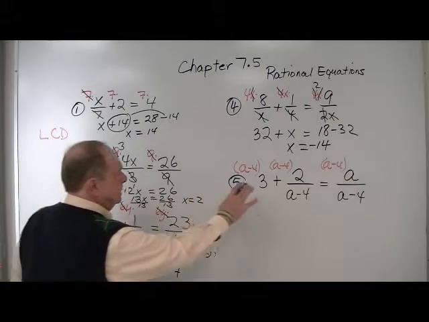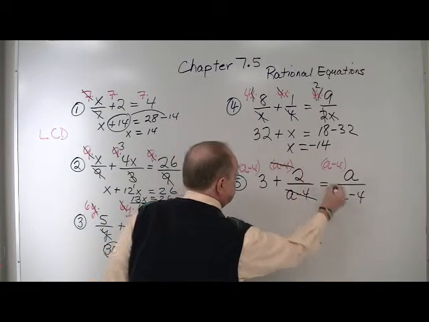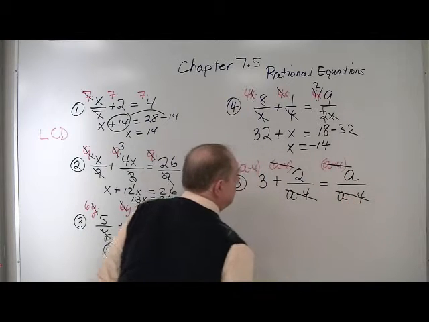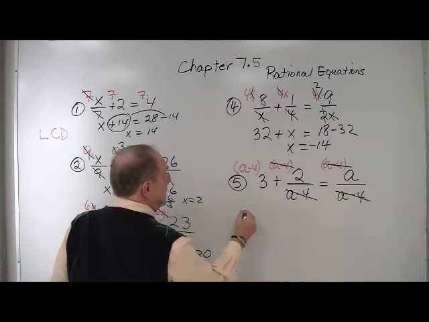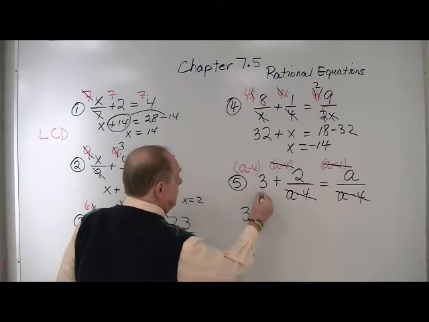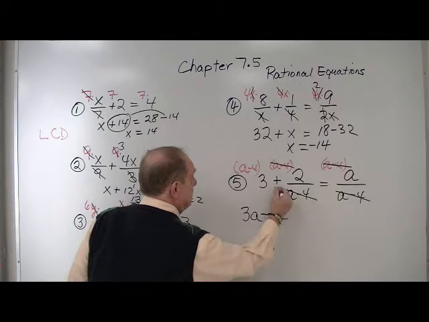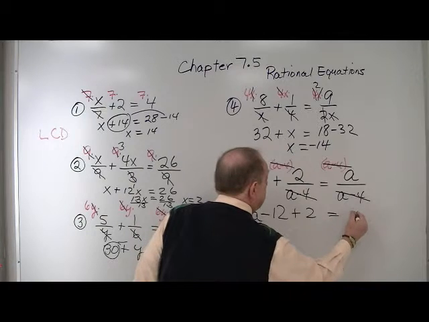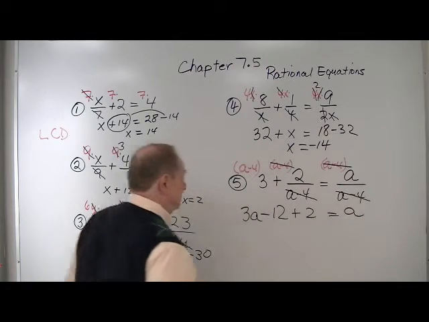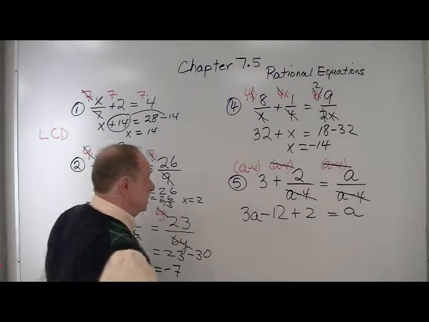Now we're going on to this last one. Well, we know this will cancel out, and this will cancel out. And here we had to multiply the 3 times this, and you get 3a minus 12 plus 2 equals a. So next step, group like terms.